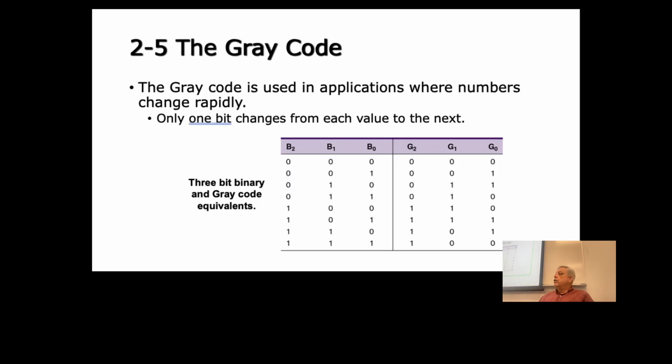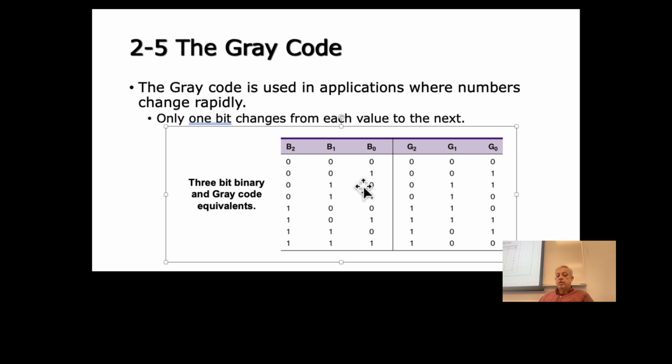The Gray code is used, you saw the equivalent of it almost in the ring counter, particularly in rotary applications where only one bit changes from each value to the next. So where we would normally count 000, 001, 010 to get to a 2, we can't do it that way because this column changes, the B1 column changes, the B0 column changes.